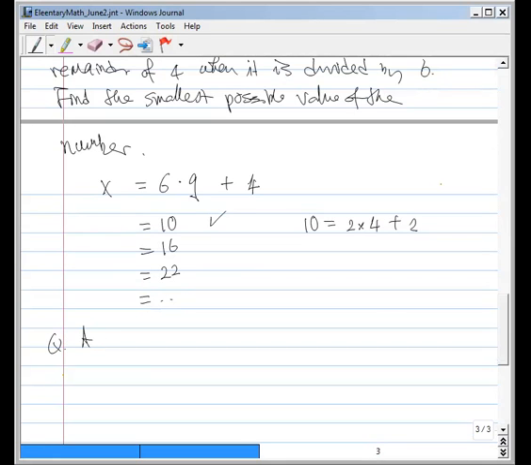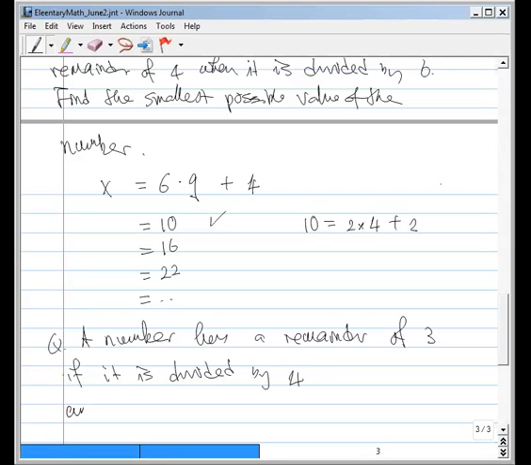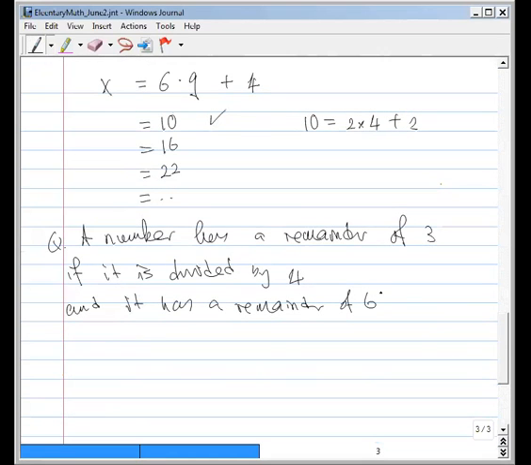Okay, so a number has a remainder of 3 if it is divided by 4, and it has a remainder of 6 if it is divided by 8.